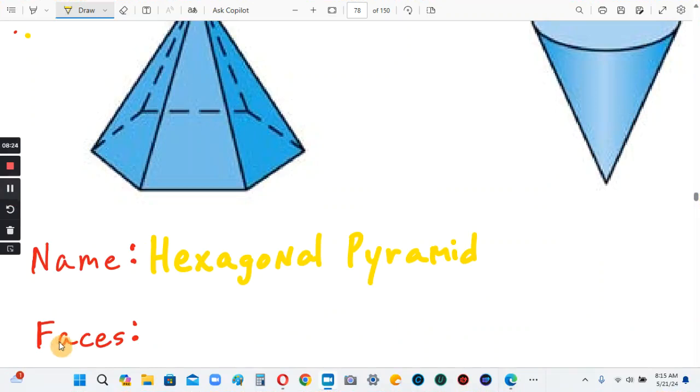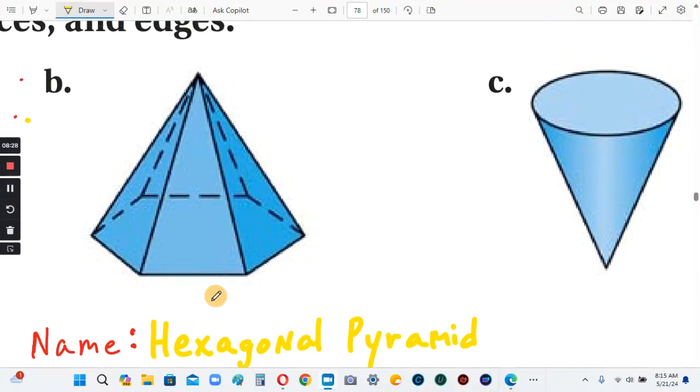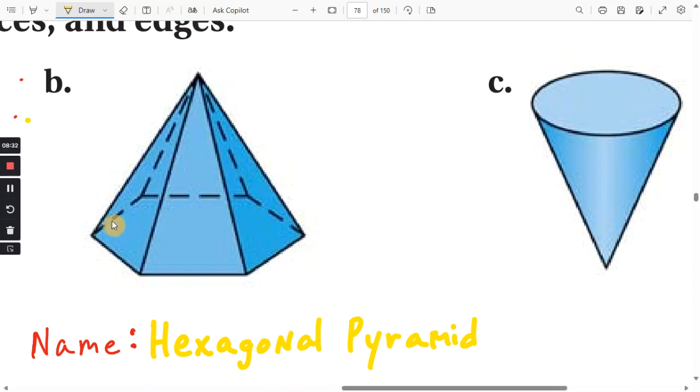See if you can count the number of faces. Well, let's see. We have the one on the bottom here. That's one of the faces. And how many triangles do we have? I'm thinking 6 because we have 6 sides, right? We have a triangle right here.